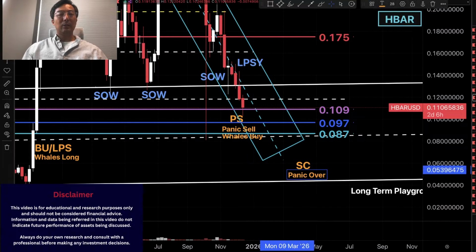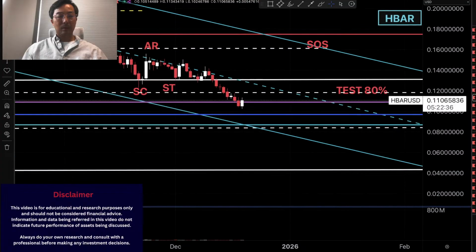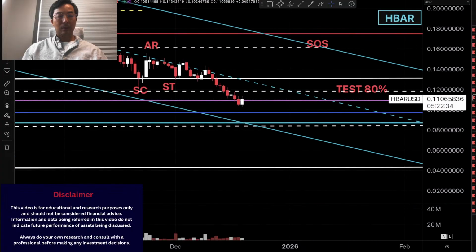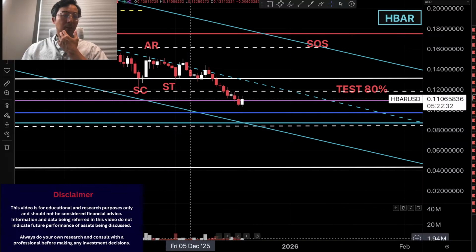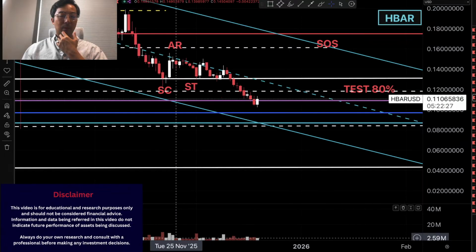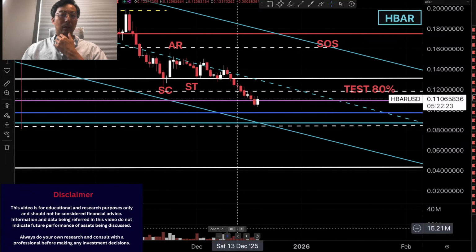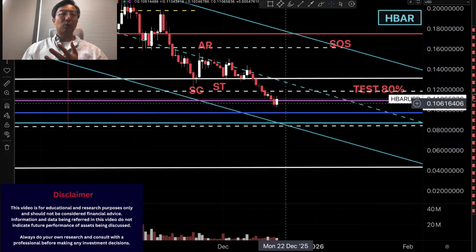If we look at the daily chart, the volume is actually at a pretty low level since the end of November, especially when we get into December. However, it's not over yet.